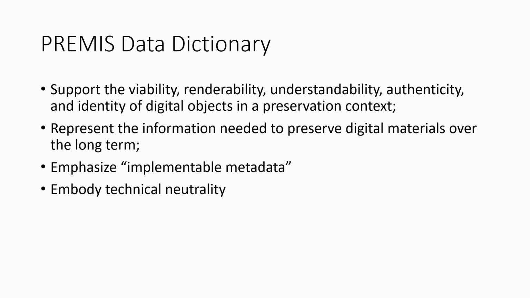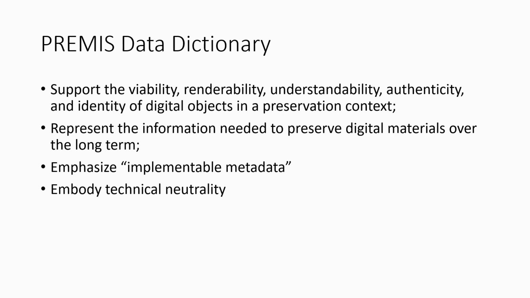They emphasize implementable metadata, rigorously defined, supported by guidelines for creation, management, and use, and oriented towards automated workflows, and embody technical neutrality, as in there are no assumptions made about preservation technologies, strategies, metadata storage, management, etc.